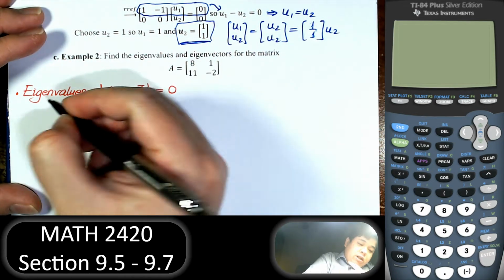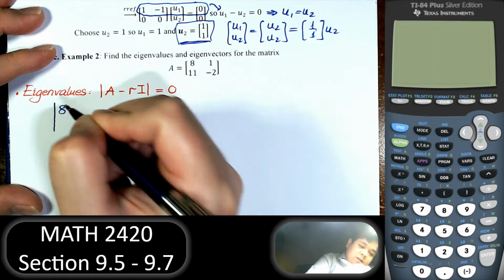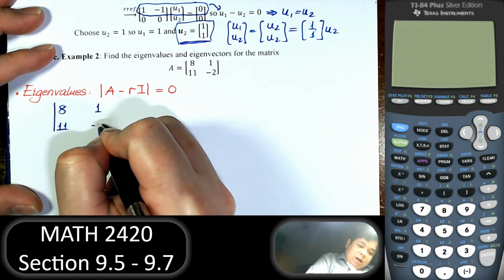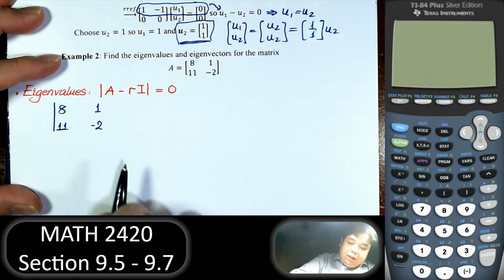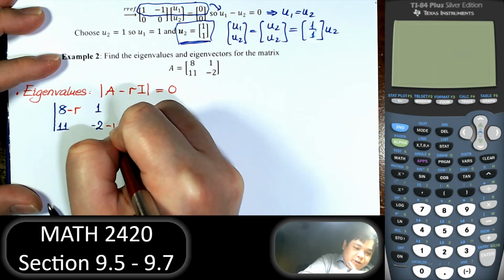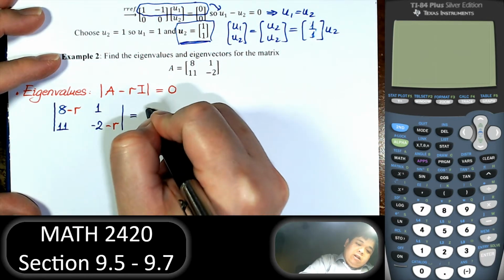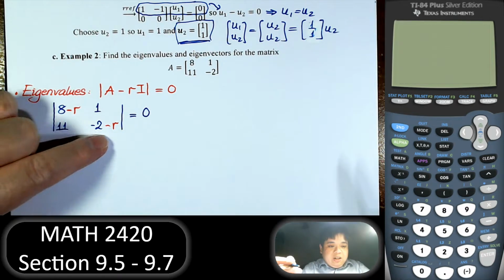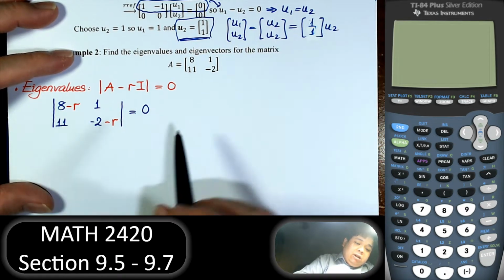All we need to do is take the matrix 8, 1, 11, and minus 2. I subtract r on the diagonal. The determinant is supposed to be equal to 0, right? Straightforward. Just subtract r from the diagonal, and I will do the math for the determinant.